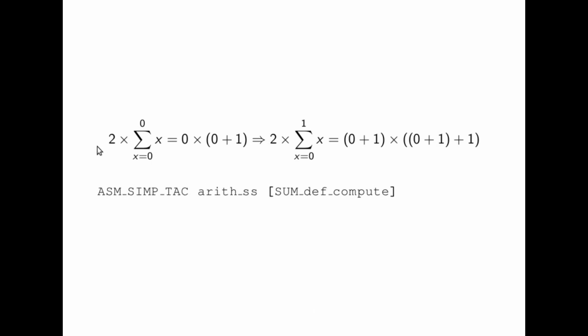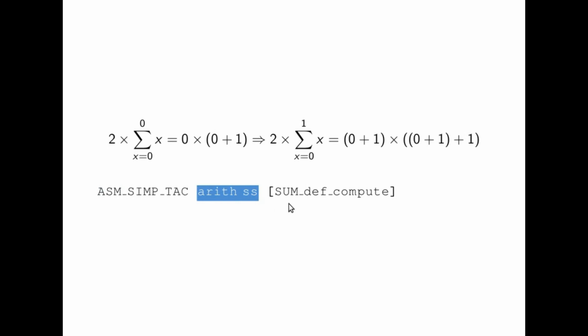Here, the base case is solved by the combination of three different things. First, the assumption is used. The assumption is the left side of the implication. It can be noticed by the use of ASM here. Second, basic arithmetic knowledge about addition and multiplication is given by the simplification set arith SS.